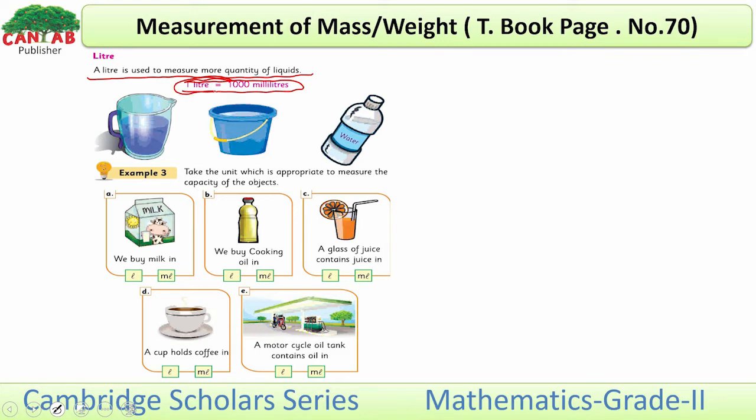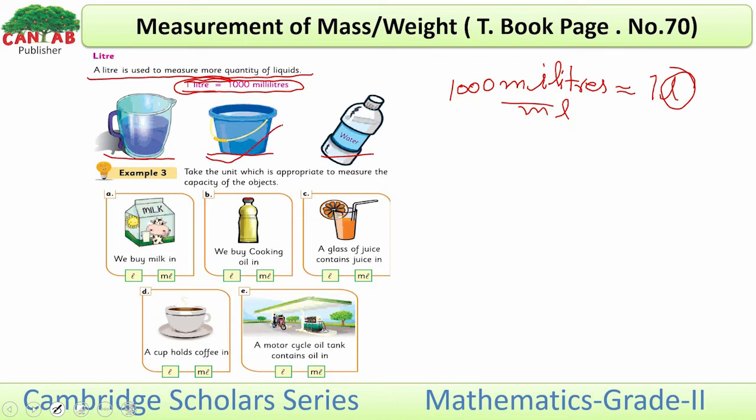So there are 1000 milliliters in 1 liter. L for liter, ml for milliliters. So jug can contain water in liters. Similarly, water bottle can contain water in liters, and this object also contain water in liters.